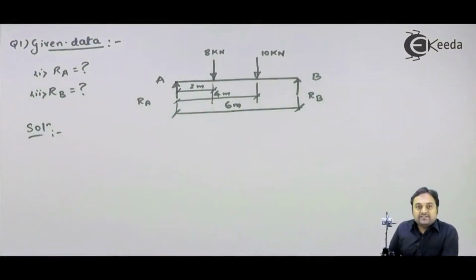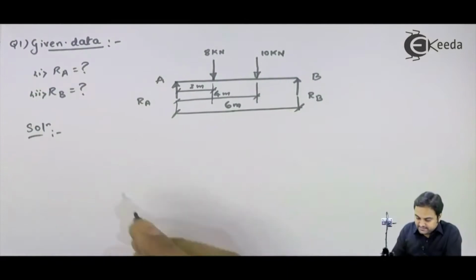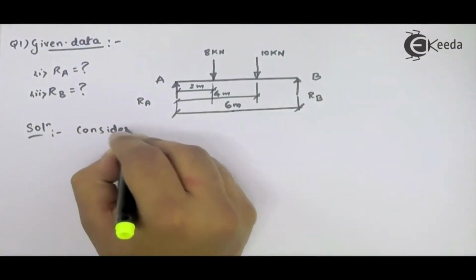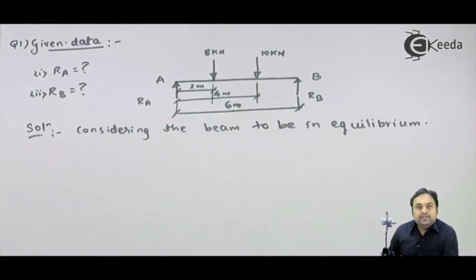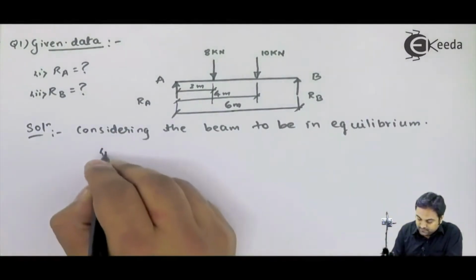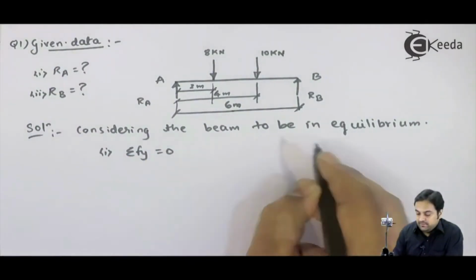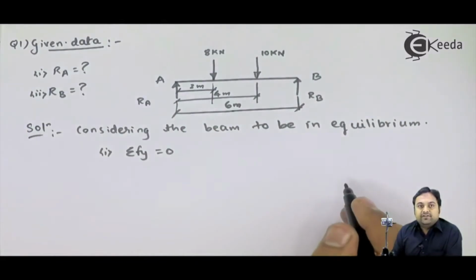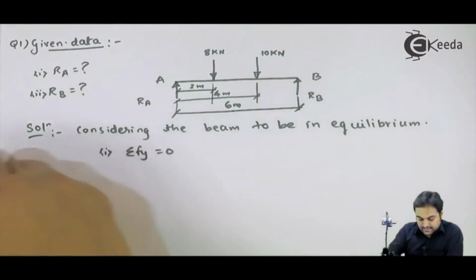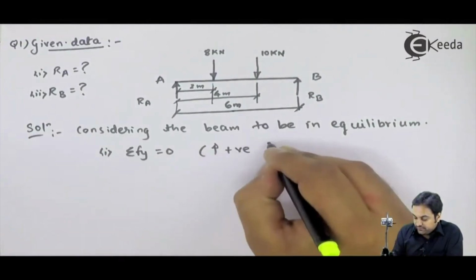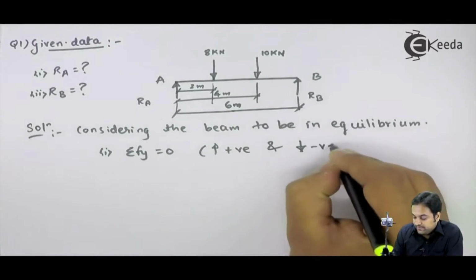Now, as we can see in this problem, there are no horizontal forces. We have only vertical forces. So considering the beam to be in equilibrium, I will say summation of Fy is equal to 0. Since no horizontal forces are there, Fx you don't have to write here. In summation Fy equal to 0, upward forces would be treated positive and downward forces would be taken negative.